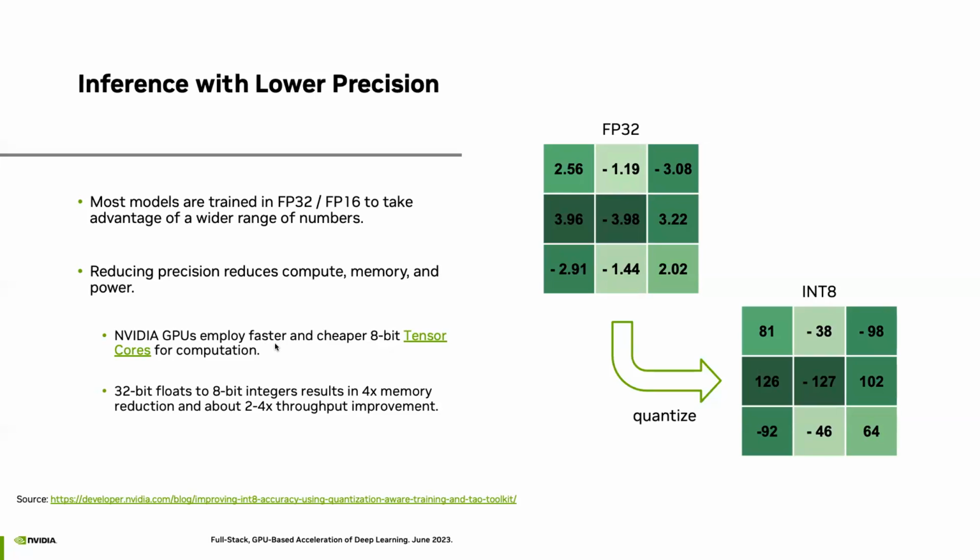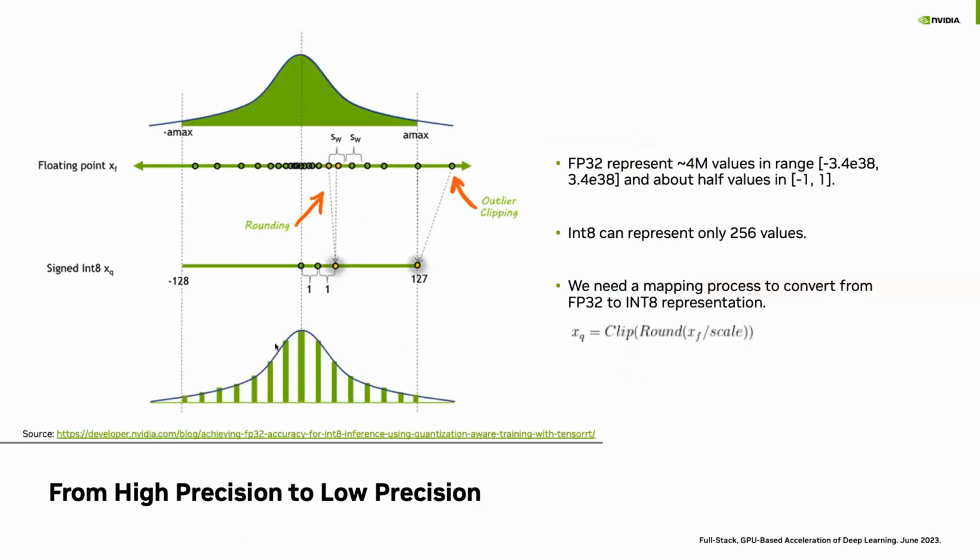For example, if we convert from FP32 to int8 with the support of the NVIDIA Tensor Cores, we can get around 4 times memory reduction and up to maybe 4 times throughput improvement. But notice that FP32 can represent around 4 million values, while int8 can only represent 256 values.